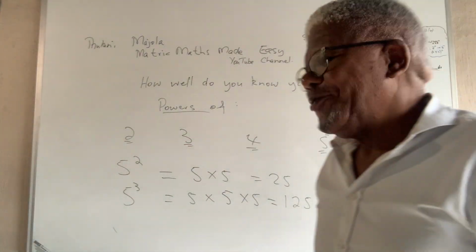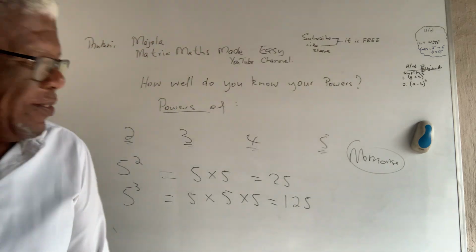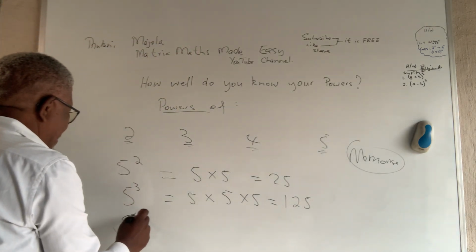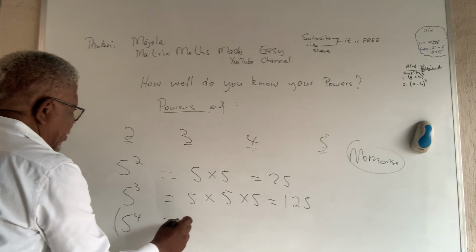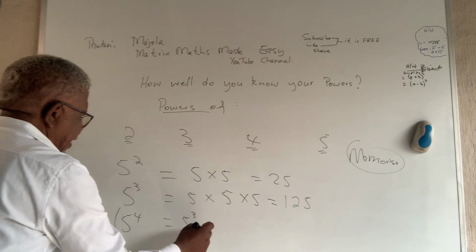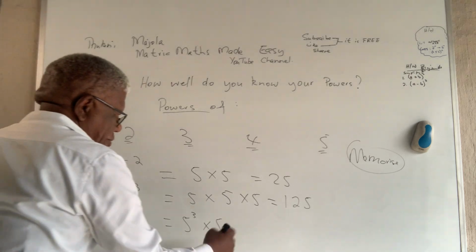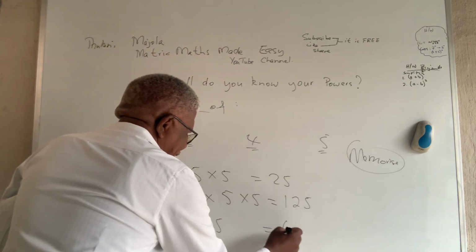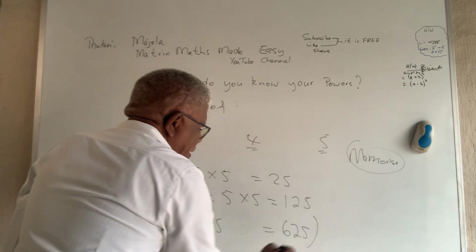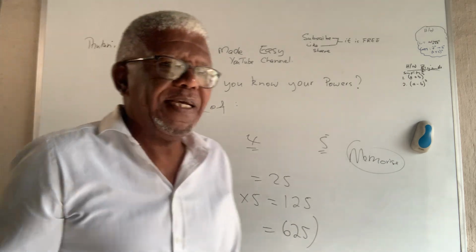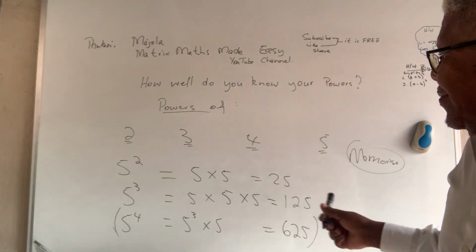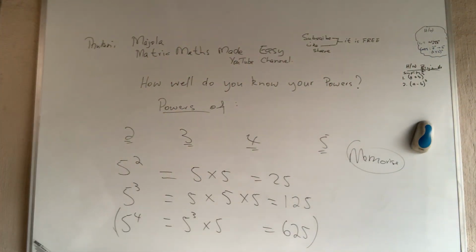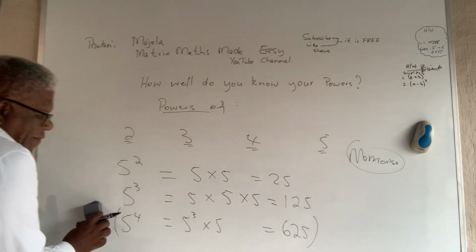The next one you don't need to remember, but these two you must know. The 5 to the 4th power is 5 cubed times 5, which is 625. It's for sure certain, but once you know 5 squared and 5 cubed, you will automatically know even this other one.